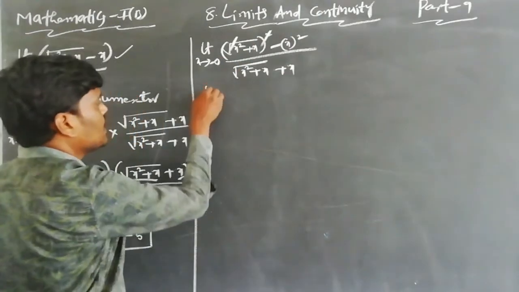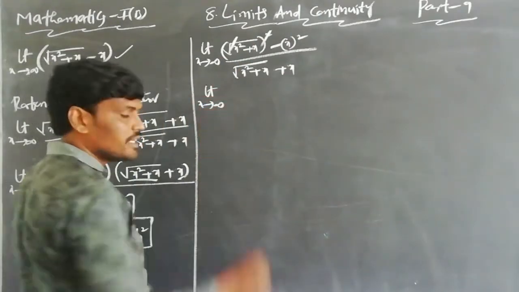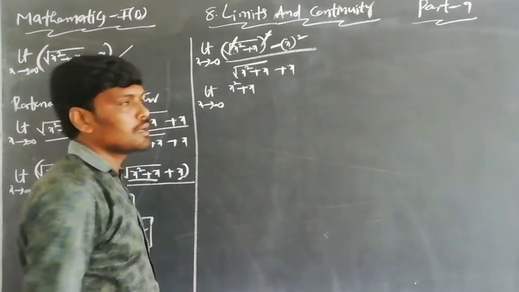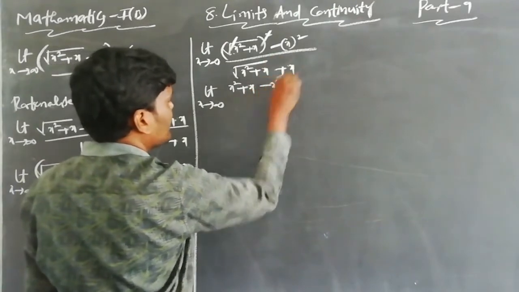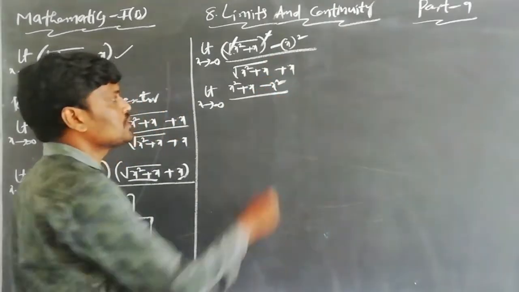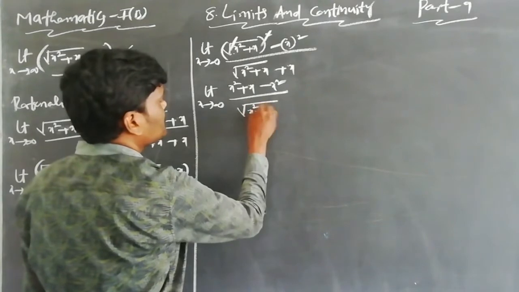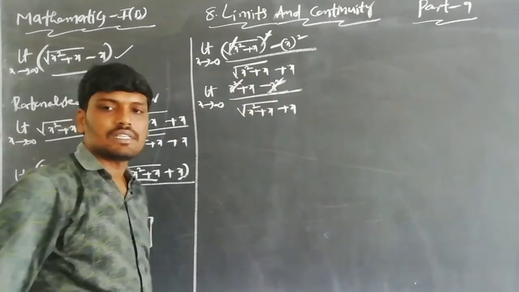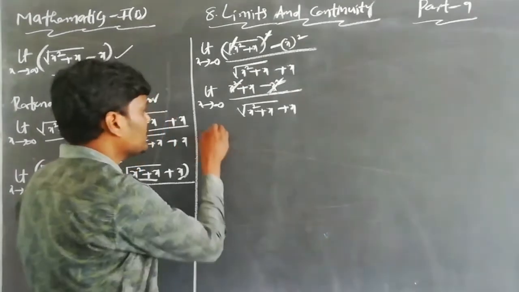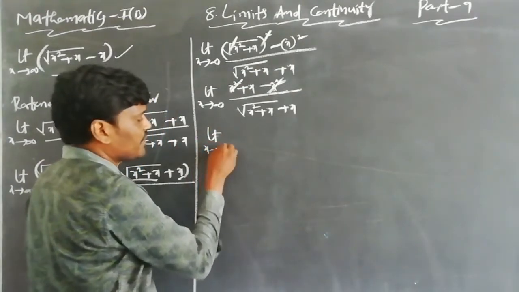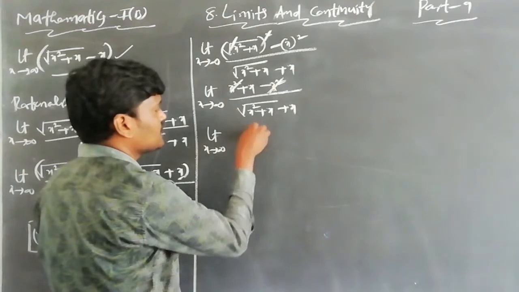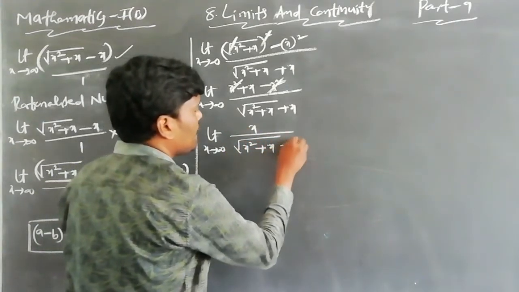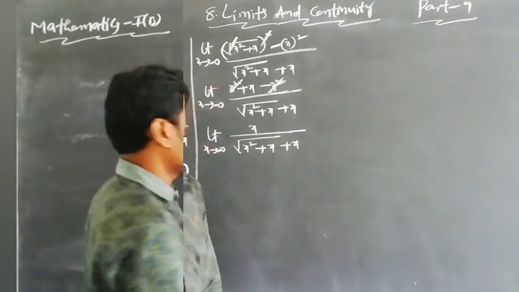You get x square plus x minus x square all by square root of x square plus x plus x. Here x square minus x square gets cancelled. You get limit as x tends to infinity of x by square root of x square plus x plus x.